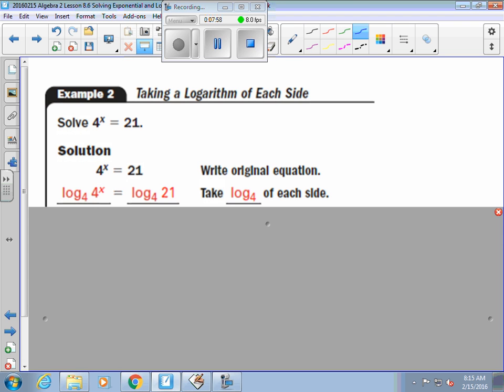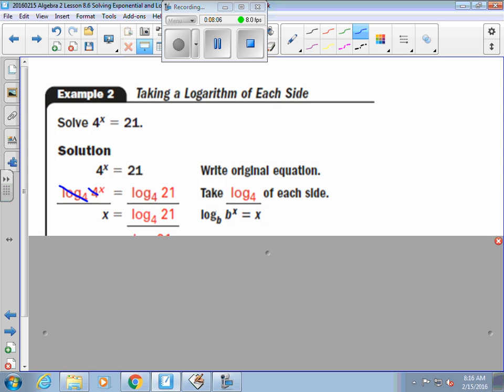Since now it says the log base 4 of 4, we could cancel that and that. Once we do that, we have something that simply says x is equal to log base 4 of 21.